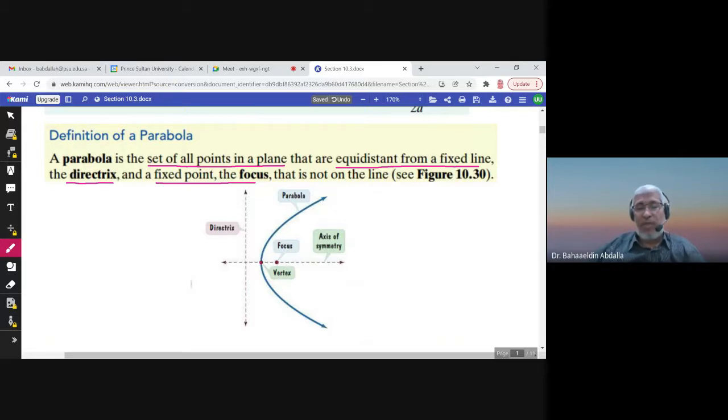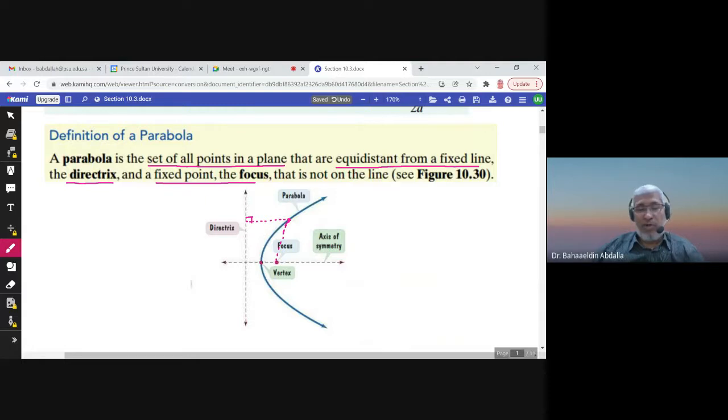This point inside is the focus, and this line is the axis of symmetry, and this line is called the directrix. Now, any point on the parabola, the distance from this point to the directrix, the vertical distance, is equal to the distance from this point to the focus. Equidistant.